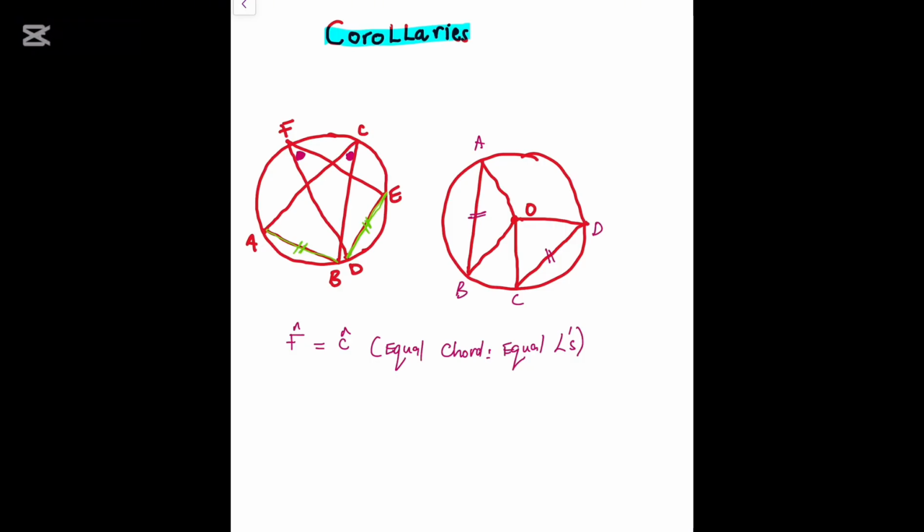So this angle is equal to that angle. Angle AOB is equal to angle DOC. Again, equal chords subtend equal angles.